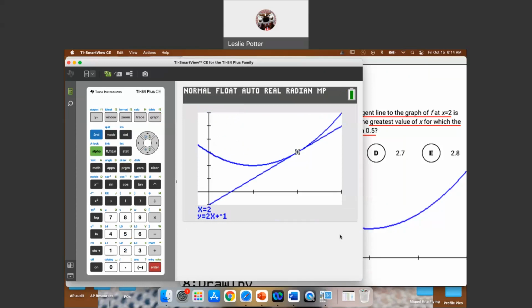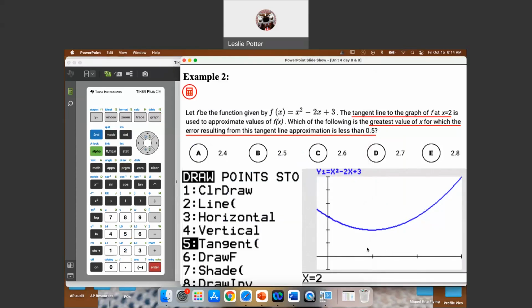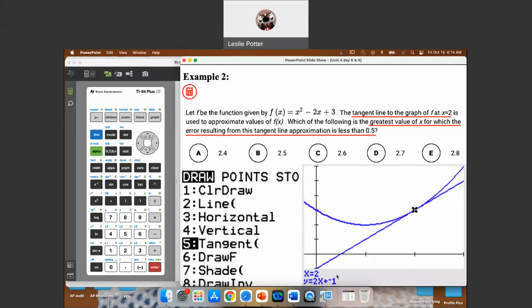So there's that tangent line. Because we use a calculator, we don't have to do really anything by hand as far as calculating derivatives and the equation of the tangent line in slope point form. Calculator just gives it to us in slope intercept form.